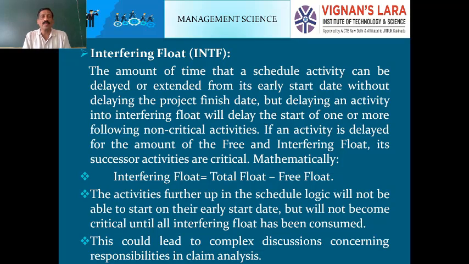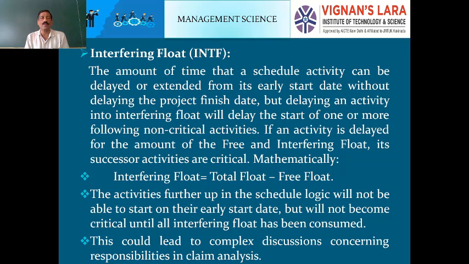The next one is interfering float. The float time delay happens at the early start date without delaying the project finishing date. That means the activity is delayed by the amount of free and interfering float. That means a gap between total float and free float is called interfering float. That is, the amount of time that a scheduled activity can be delayed or extended from its early start date without delaying the project finishing date.